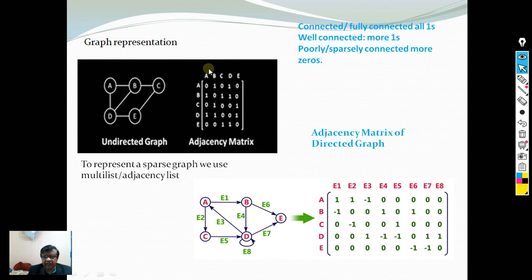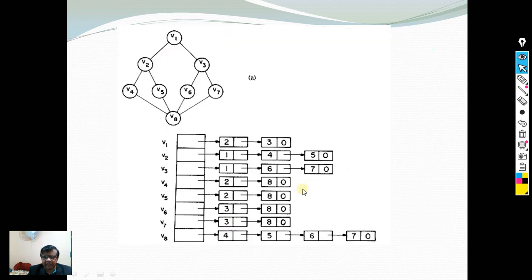If many entries are 0, then the preferred method is representing the graph in the form of an adjacency list or multilist. This multilist is devoted to a graph which is sparse in nature with many connectionalities missing.